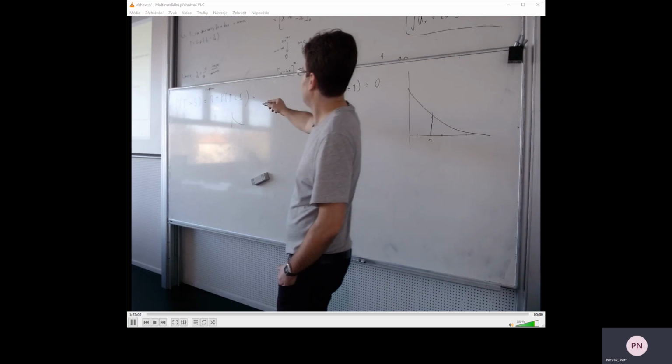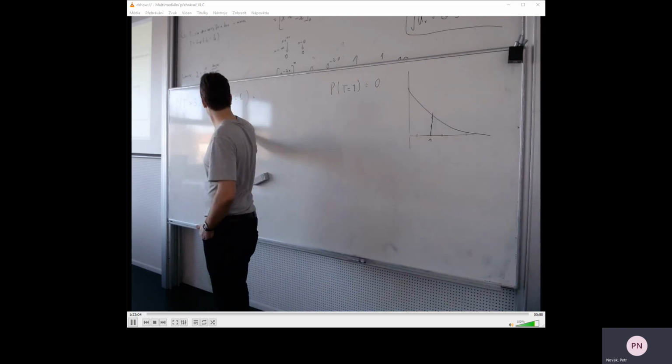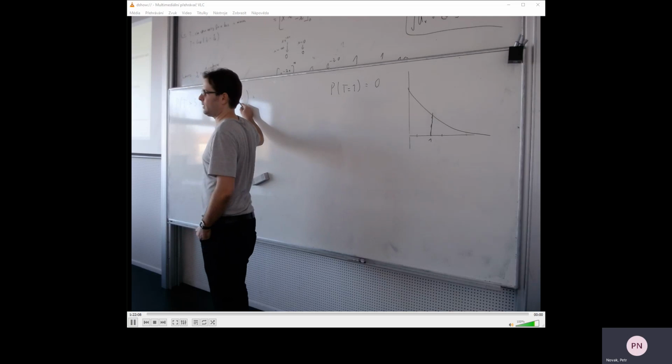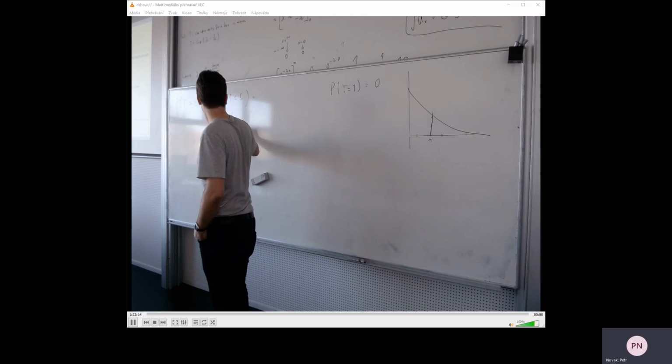Okay. So if we take a look at this density, how do we find the probability that D is less than or equal to 5? So from 0 to 5, the area. Yes, the area from 0 to 5.